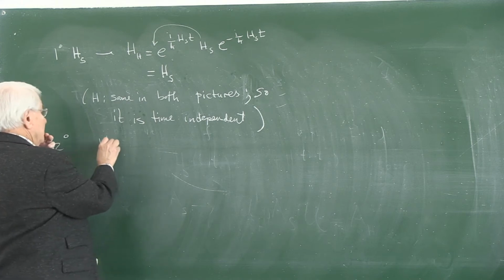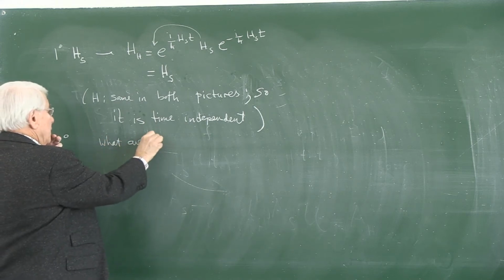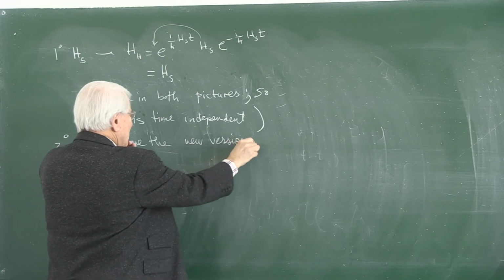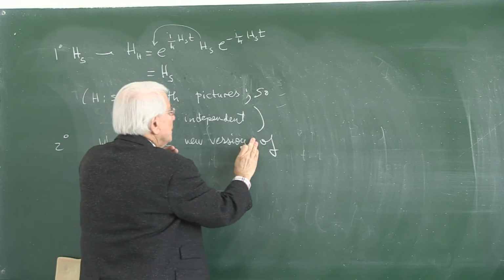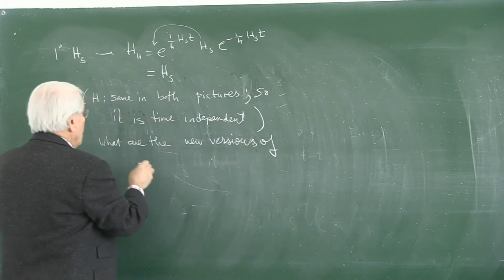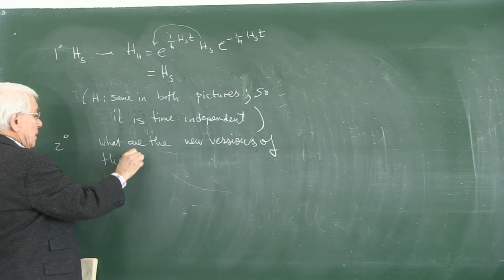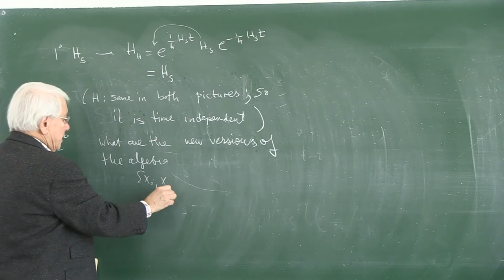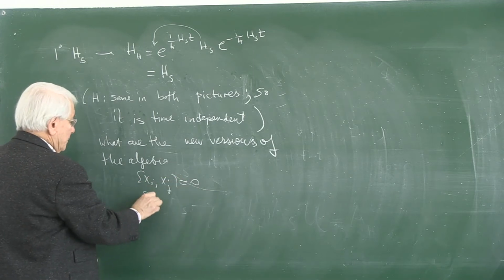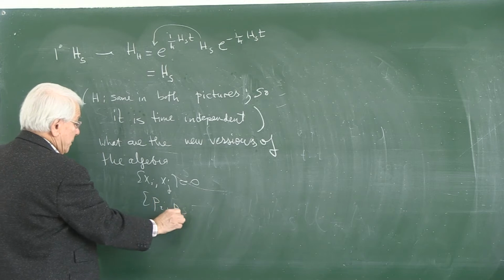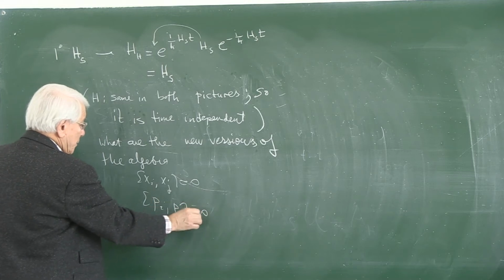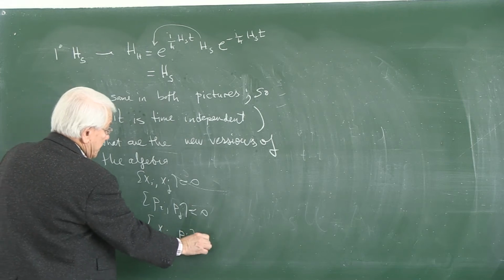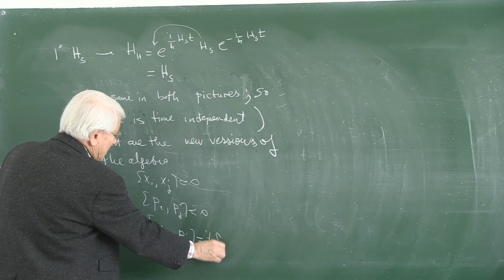What are the new versions, of course, of the algebra: [x_i, x_j] = 0, [p_i, p_j] = 0, [x_i, p_j] = iħδ_ij.